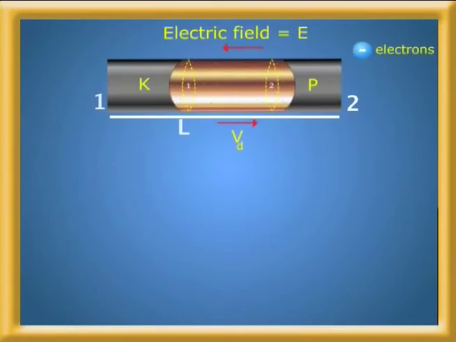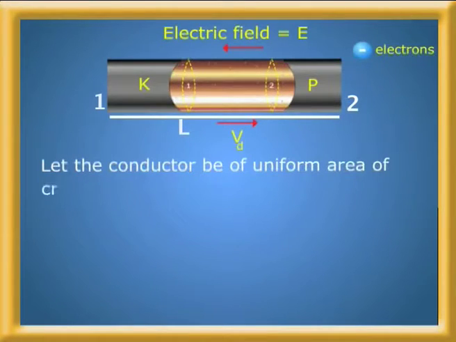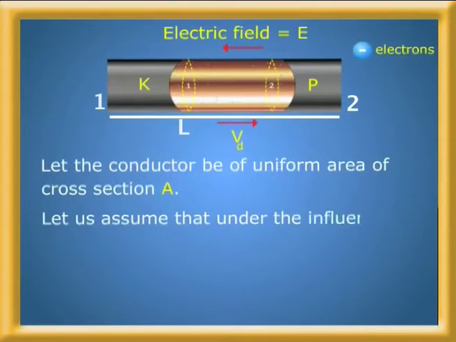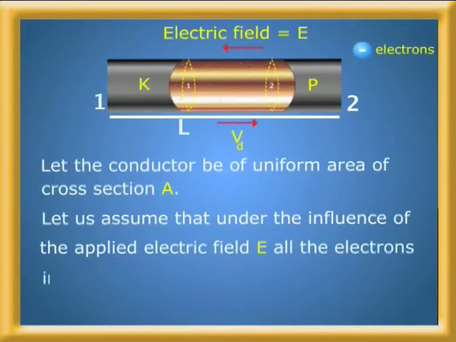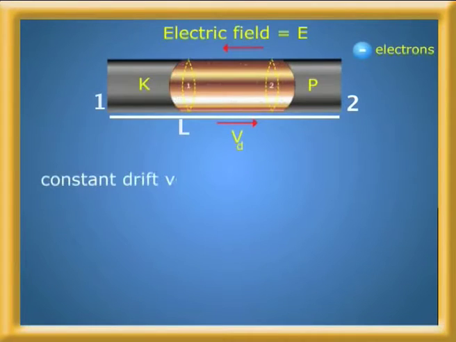Relation between electric current and drift velocity. Consider a portion of a metallic conductor to which an electric field E is applied from right to left side as shown in the figure. Let the conductor be of uniform area of cross section A. Let us assume that under the influence of the applied electric field E, all the electrons in the conductor are moving with the same constant drift velocity Vd.